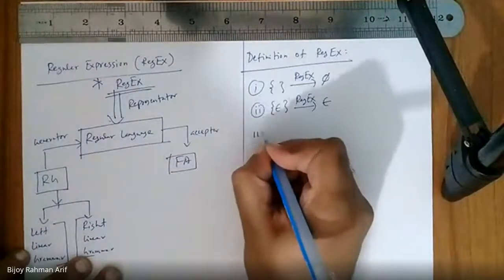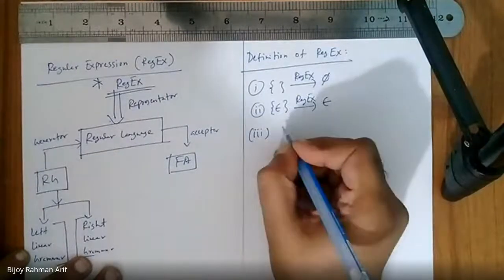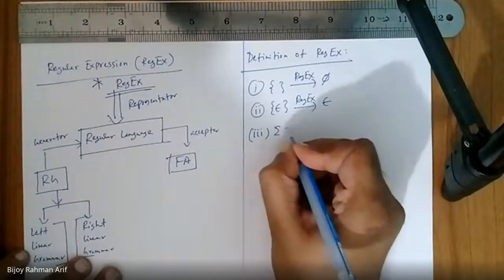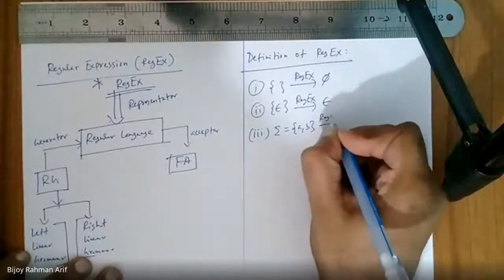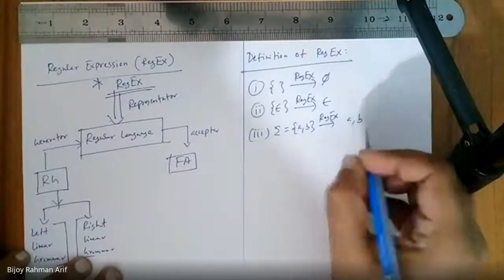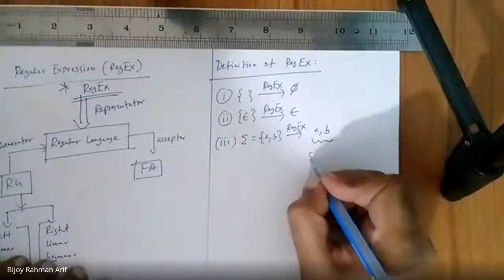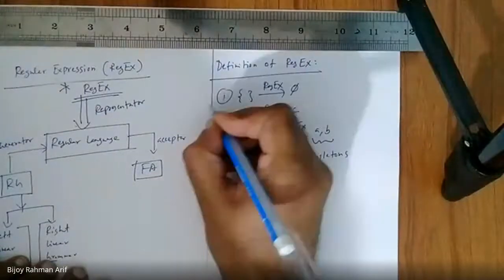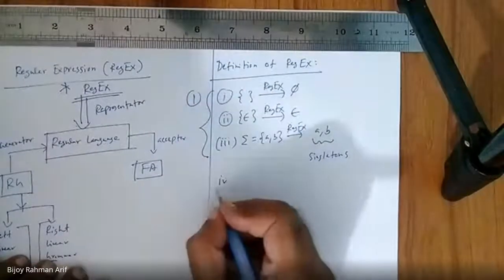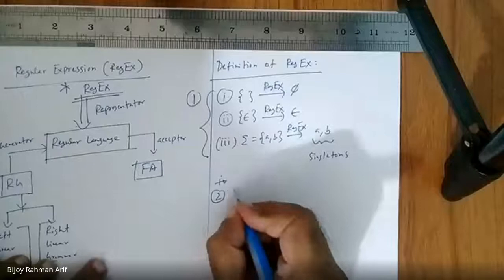And number 3, the alphabet a, b has regex a, b. Those are called singletons. These three together make point number one.